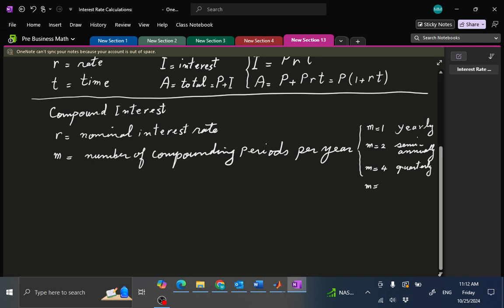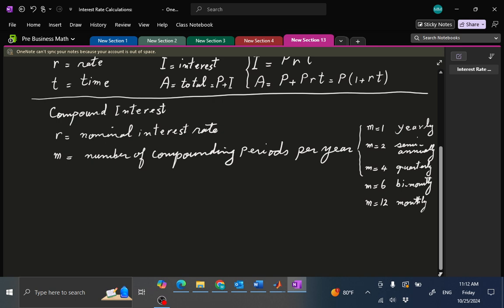M equal to 6 means bi-monthly. The one that you encounter most often is 12, which is monthly. Most banking institutions give you a balance every month. You can go to M equal to 24 for bi-weekly and so on.